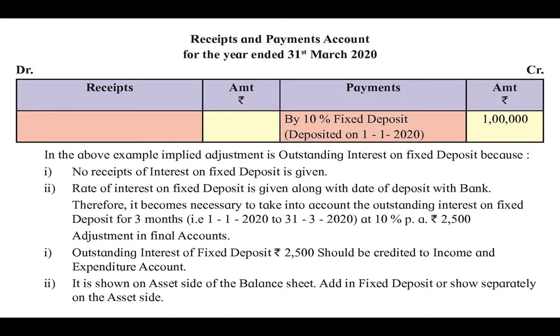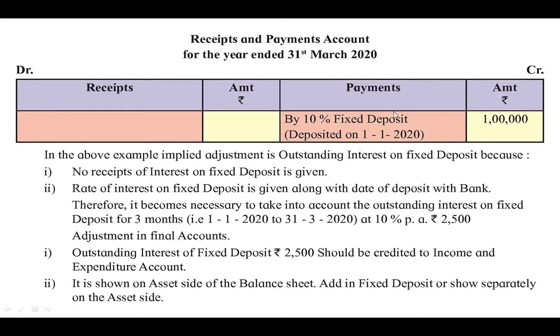Here they have given the receipt and payment account, and on the payment side they have written 10% fixed deposit. The amount is deposited on 1st January 2020, and the amount of the fixed deposit is rupees 1 lakh. In the heading it is given that the account closes on 31st March.